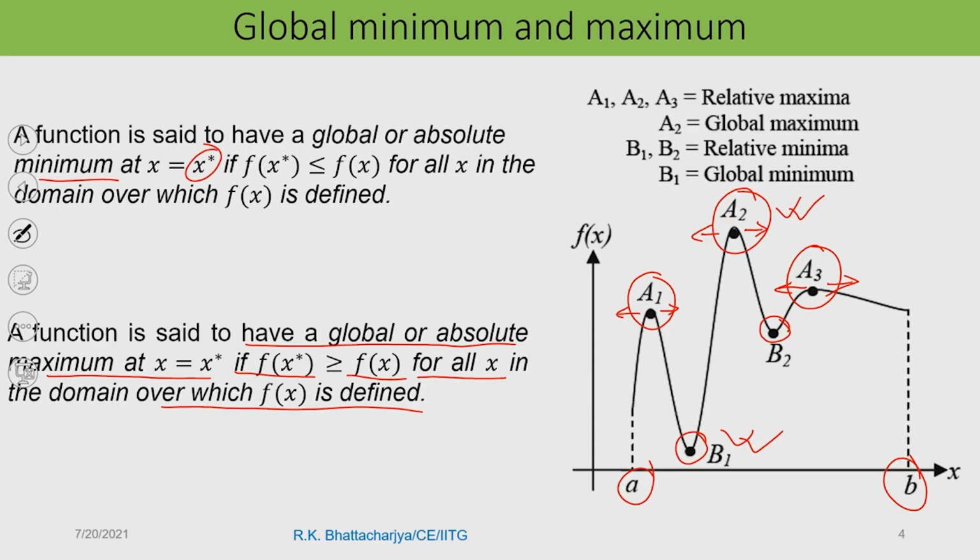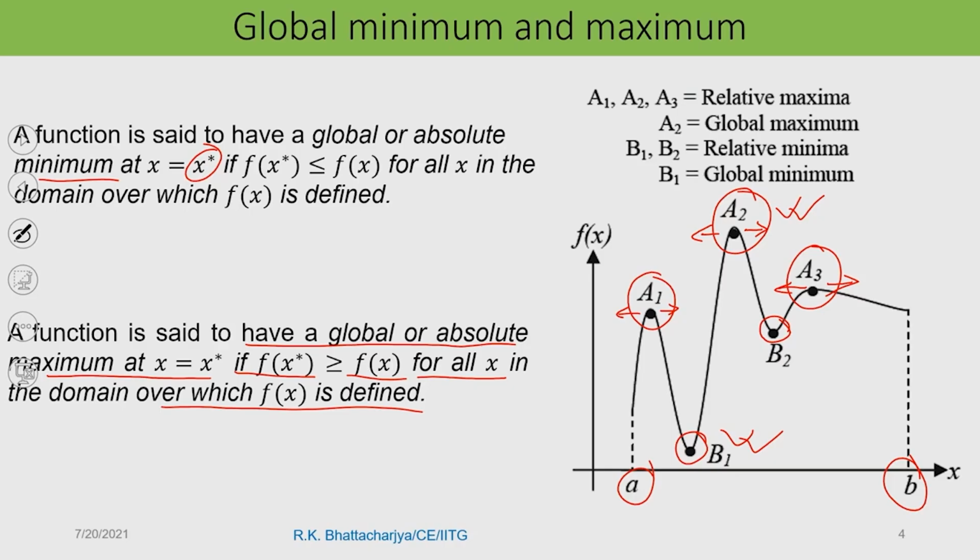Now, a1, a2, a3 are all relative maxima, or you can say local optimal solutions. Similarly, b1 and b2 are relative or local minima, but a2 is the global maximum solution and b1 is the global minimum solution. I hope the difference between a local solution and a global solution is clear to you.